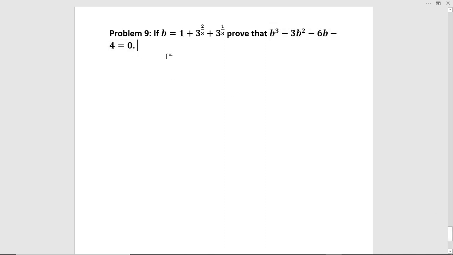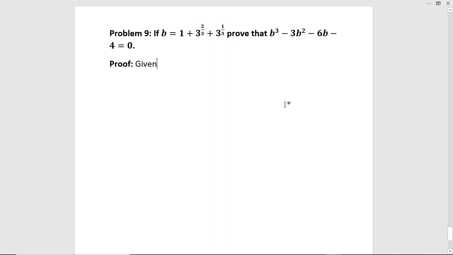You can see here I already have b here, so we just need to find out the whole cube of b. So it will be better if we take two terms at one side and then take the cube.